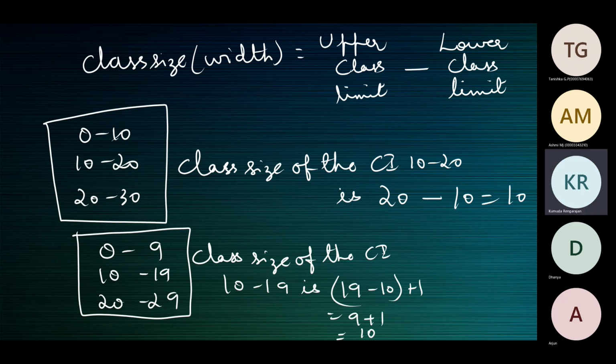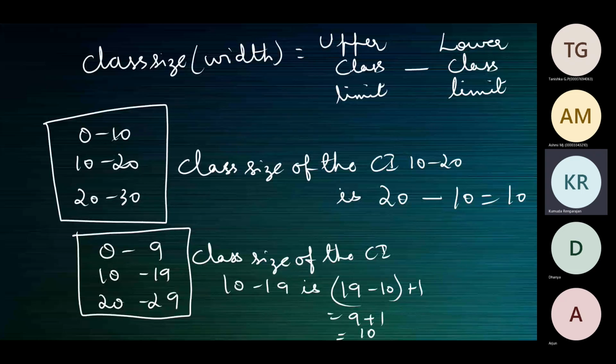Count using your fingers 20 to 29. Now 29 also belongs to the same class interval because the class intervals are not continuous. Both 20 and 29 belong to the same class interval. So count the integers: 20, 21, 22, 23, 24, 25, 26, 27, 28, 29, 10 values.